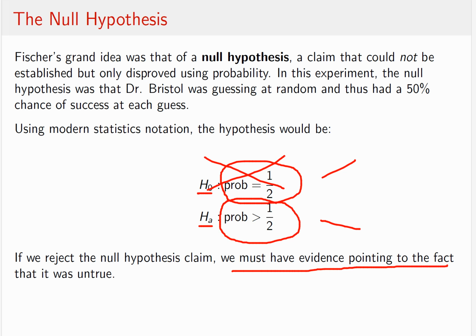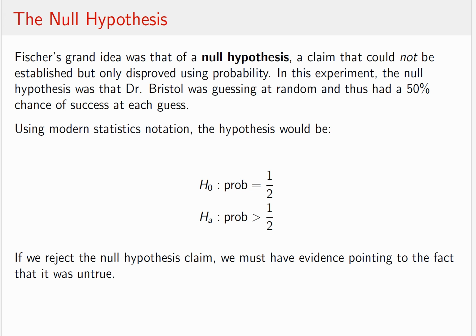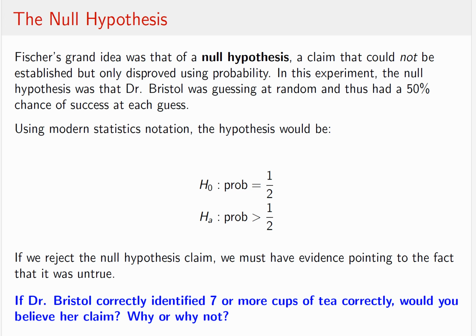And if there's a mismatch, we're saying, well, this mismatch in the data and the null hypothesis indicate that the null hypothesis is likely to be untrue. Okay, so it's a probability-based decision. And if Dr. Bristol correctly identified 7 or more cups of tea, would you believe her claim? Why or why not? Well, let's talk about that for just a second.